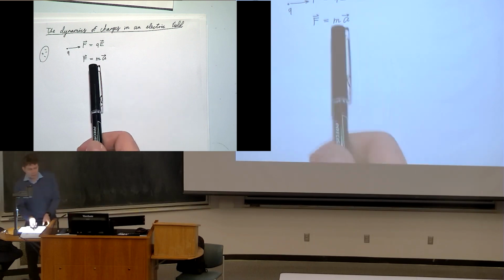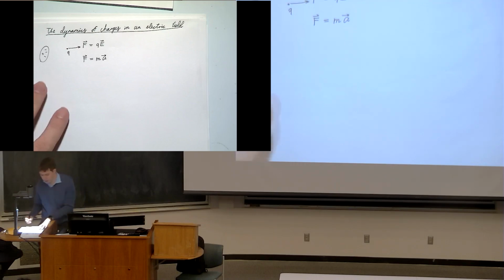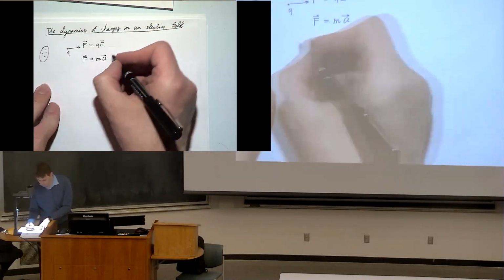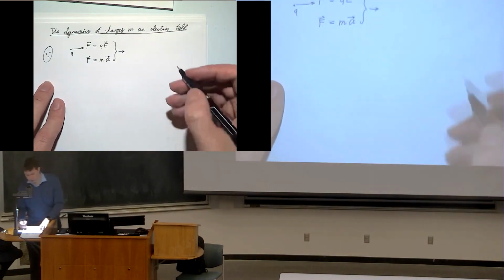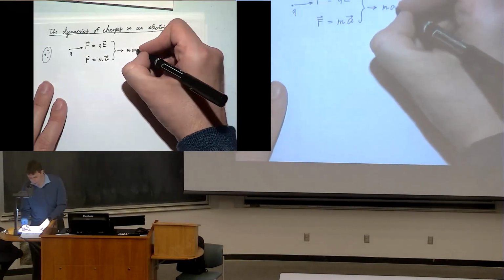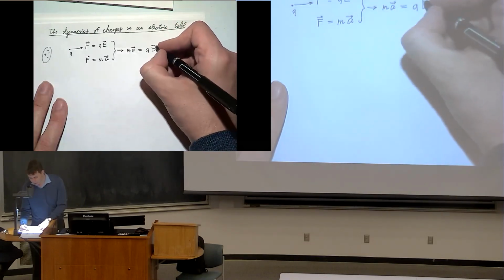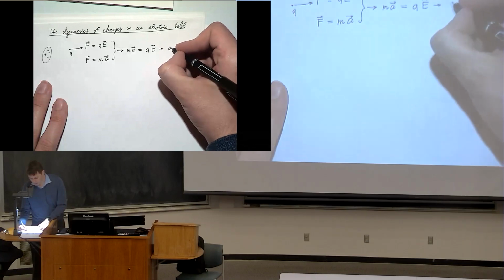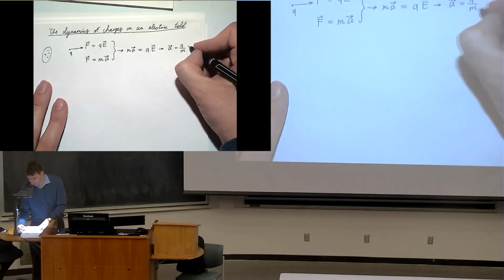But if it is free to move, then that's its acceleration, and from these two equations we've got ma, mass times acceleration, equals qE, and the acceleration is q over m times E.